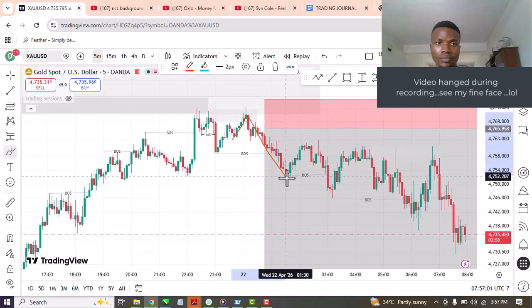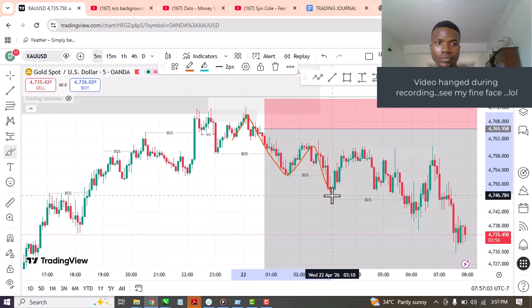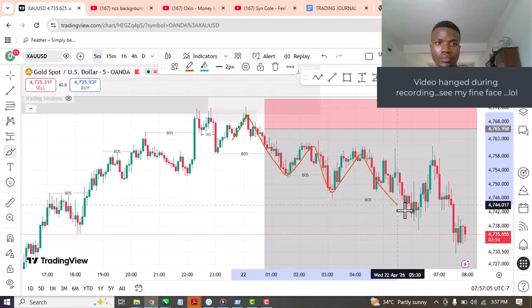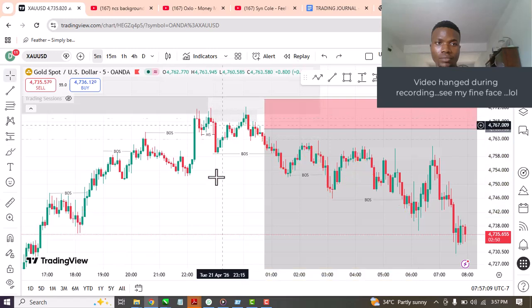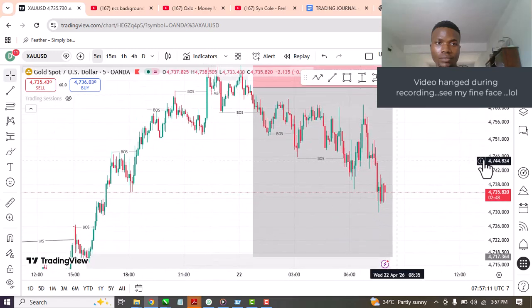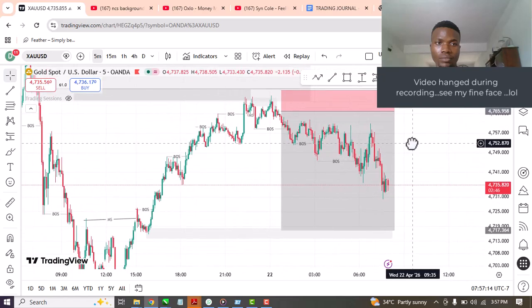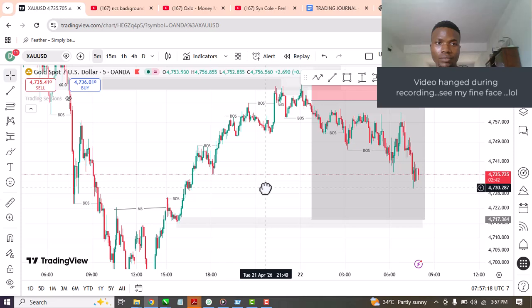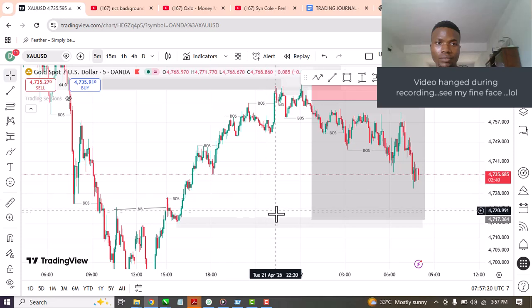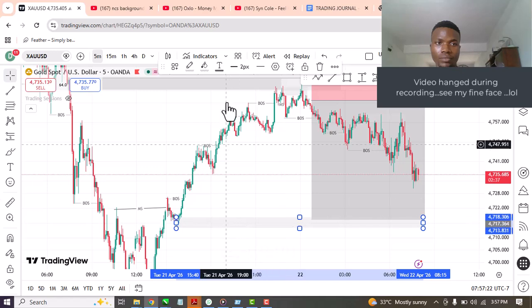Price just keeps breaking structure. You can see that this is a clear break of structure. So right now, without so much talk, I believe that this trade is going to run to my TP. Sincerely, I'm not so sure if price will come all the way down here.